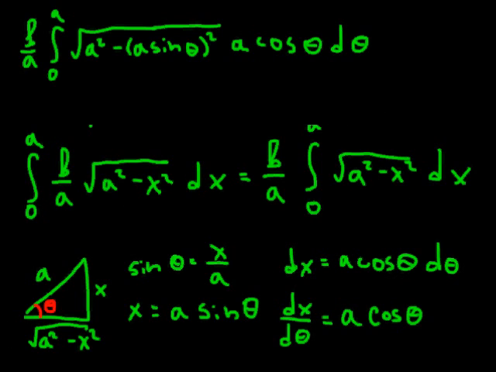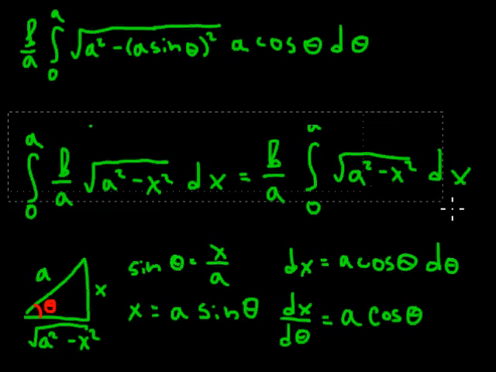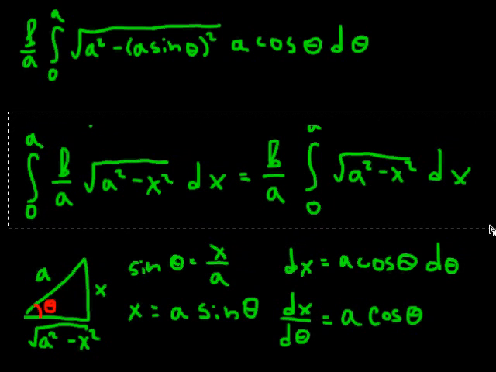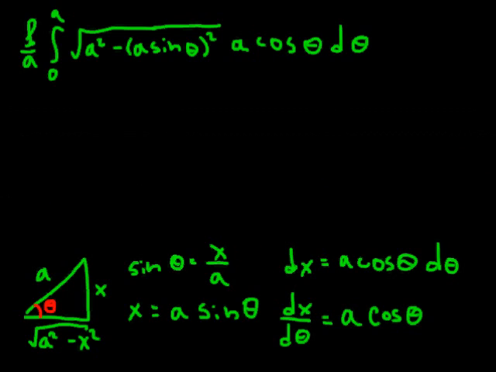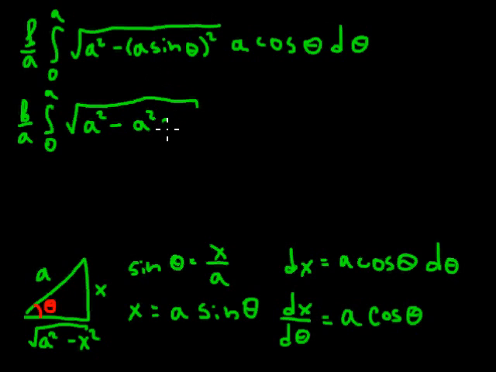And let's erase this. Let's simplify this integral. So we have b over a outside. a squared, we need to distribute this exponent here, and we get minus a squared sine squared theta. And here just copy this.